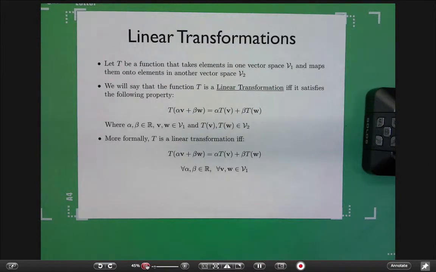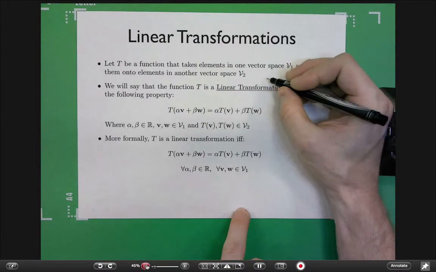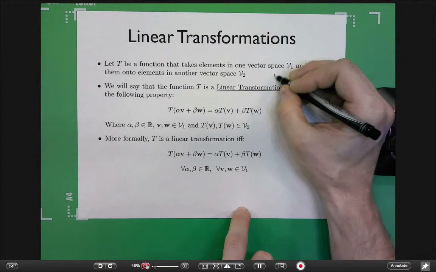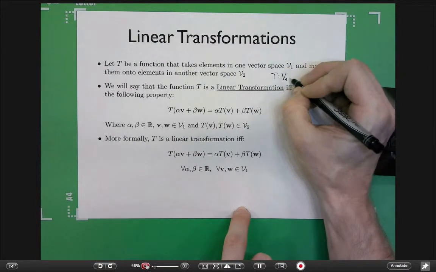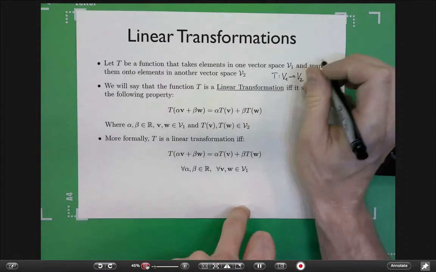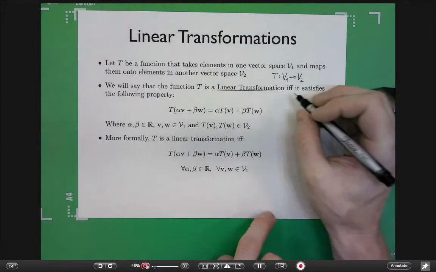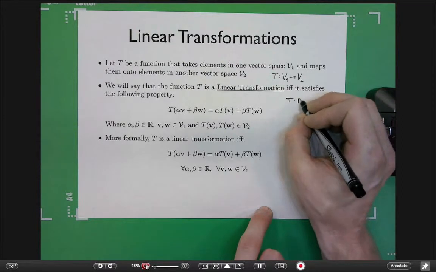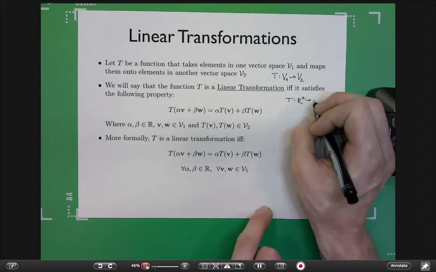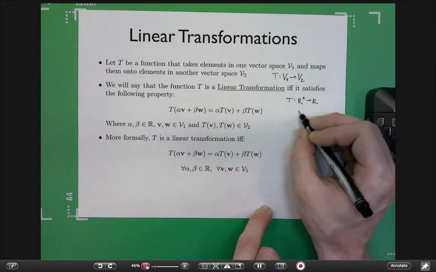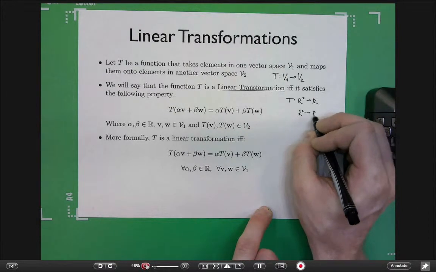Symbolically, T is a function that maps from V1 to V2, where V1 and V2 are vector spaces. For example, I could want a mapping from R2 to R, or from R2 to R5, whatever.